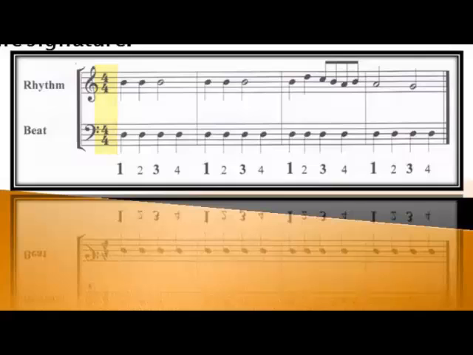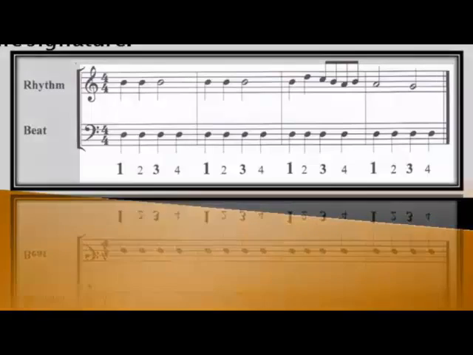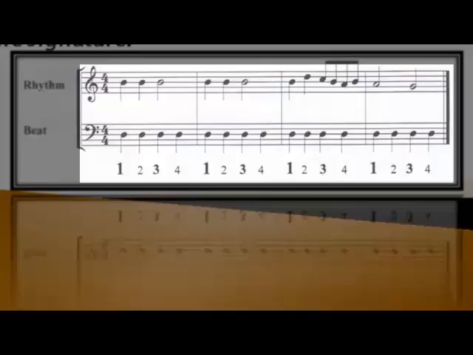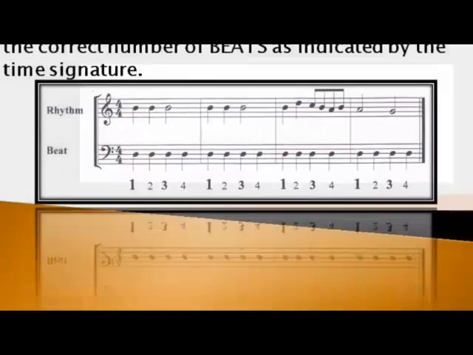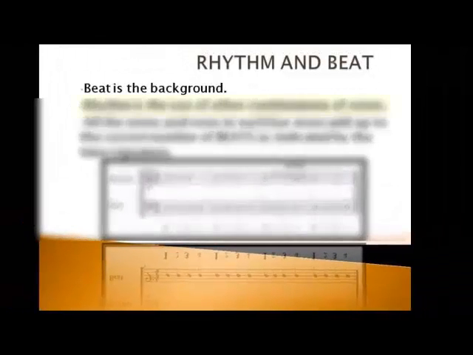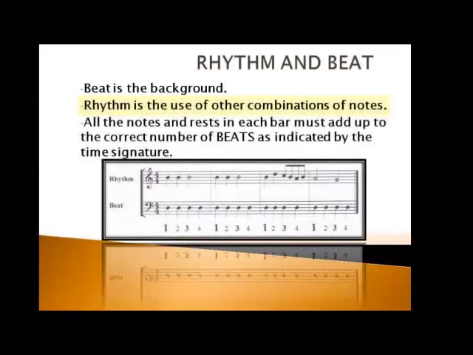I'm going to play this for you, and I'm going to keep the beat in my left hand, and the rhythm will be in my right hand. So remember, the beat never changes. The rhythm can be any combination of notes.